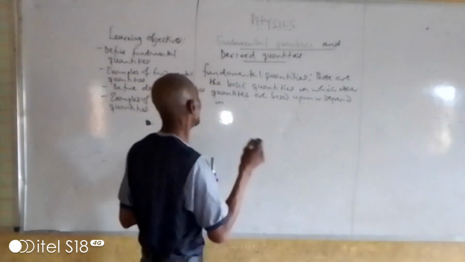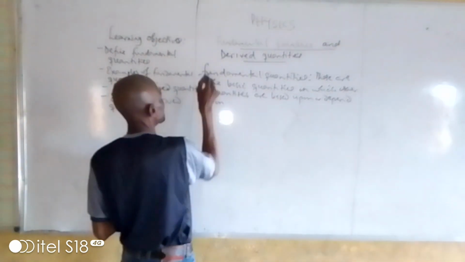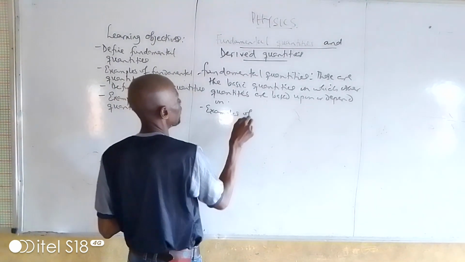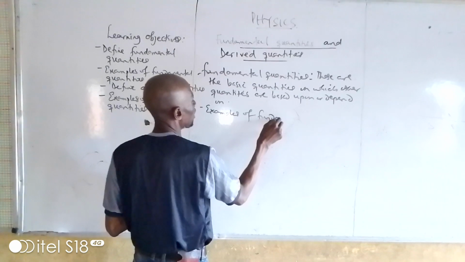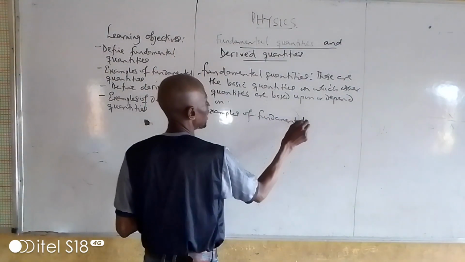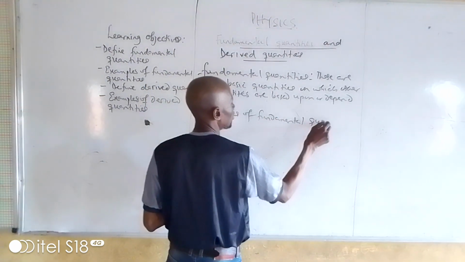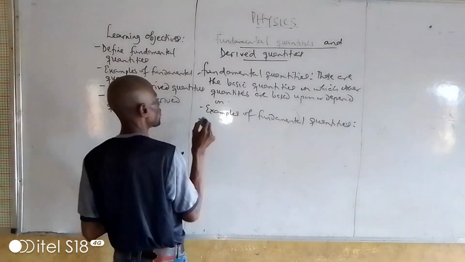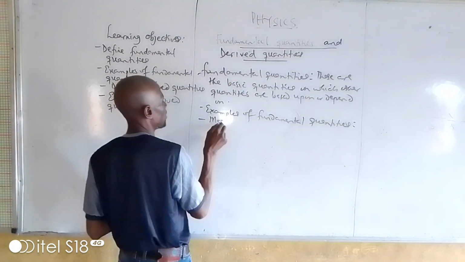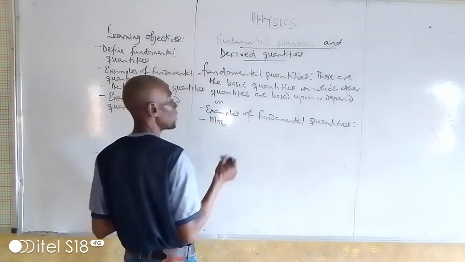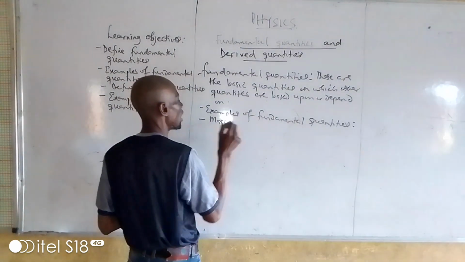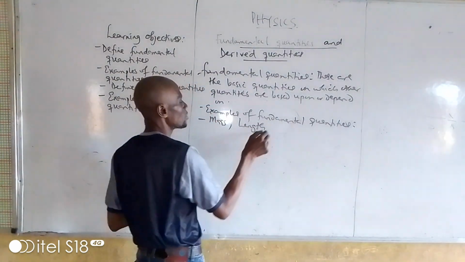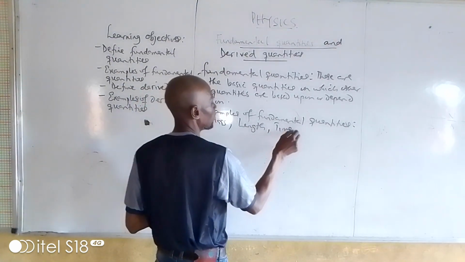Examples of fundamental quantities. Let us now look at examples of fundamental quantities. What are the examples? We have the first one called mass. Mass is a fundamental quantity. We then have length. Likewise, we have time.